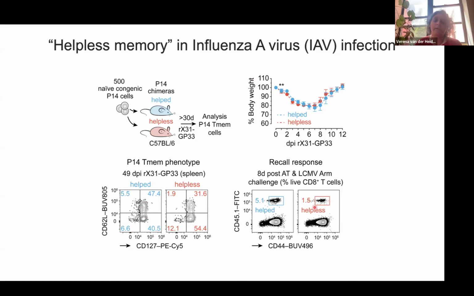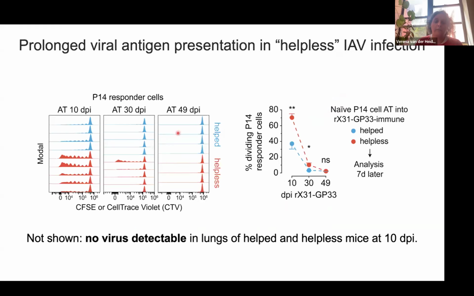Basically, helpless memory cells respond not as well as the help memory T cells to a secondary infection. We are also able to confirm that we can detect prolonged viral antigen presentation in these helpless influenza-infected mice, even though this is not as pronounced as it was the case for the LCMV system. So at day 10 after infection, both of the groups actually clear virus.